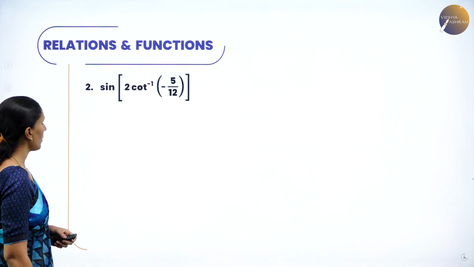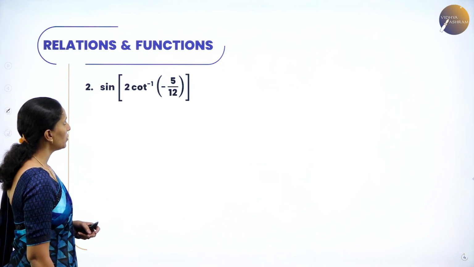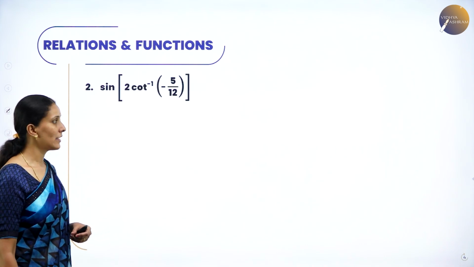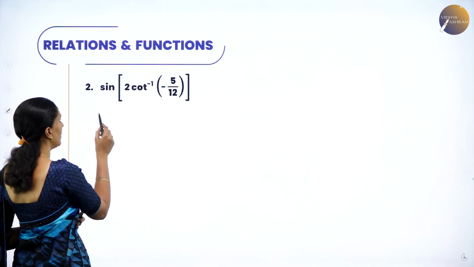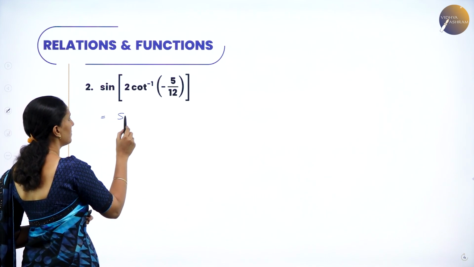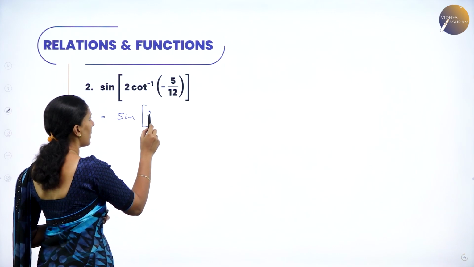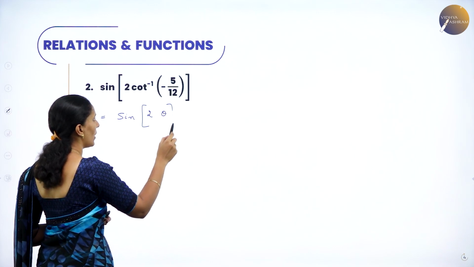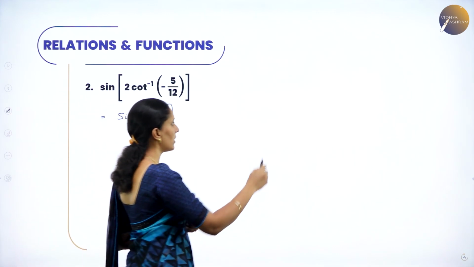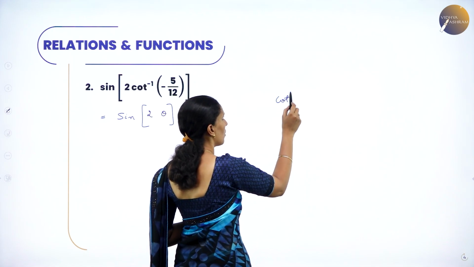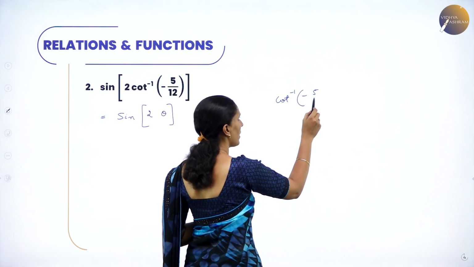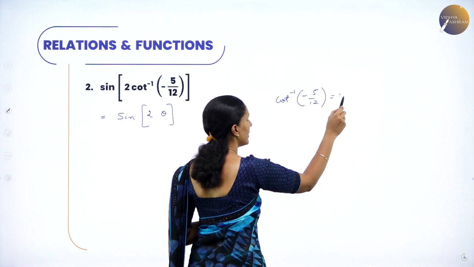Next, we have sine of 2 cot inverse minus 5 by 12. Let me take cot inverse minus 5 by 12 as theta.